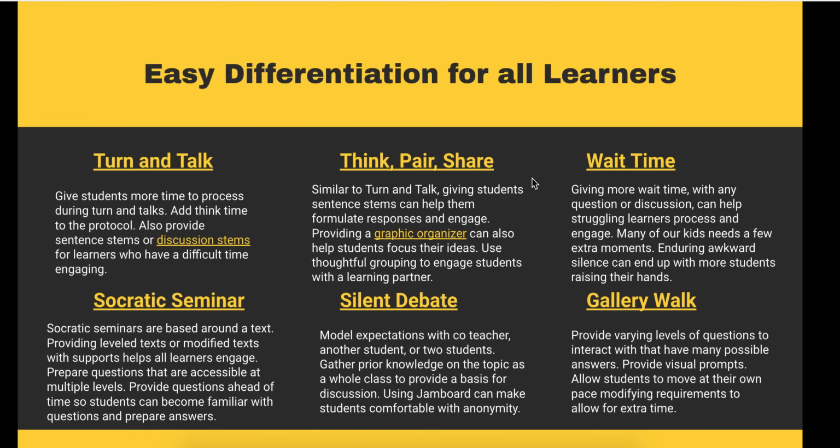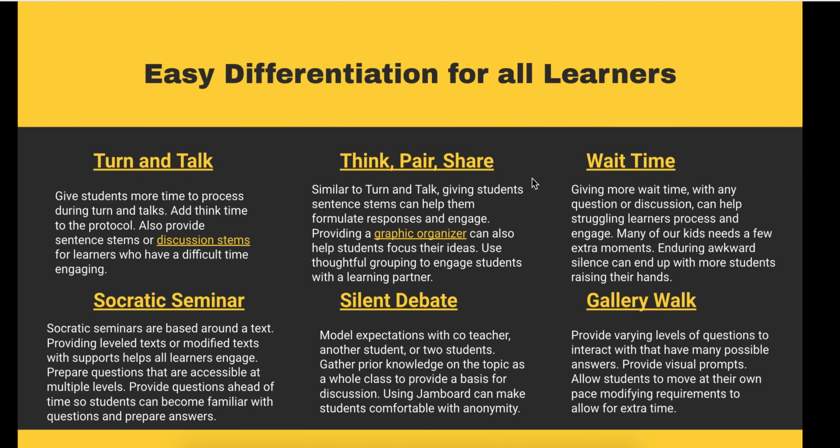And the last is a gallery walk, providing varying levels of questions to interact with so that students have many possible answers. You can provide visual prompts for students who may struggle with language, allowing students to move at their own pace, modifying requirements to allow for extra time. So again, in a gallery walk, you may have 5 or 6 questions hung up around the room for students to respond to.